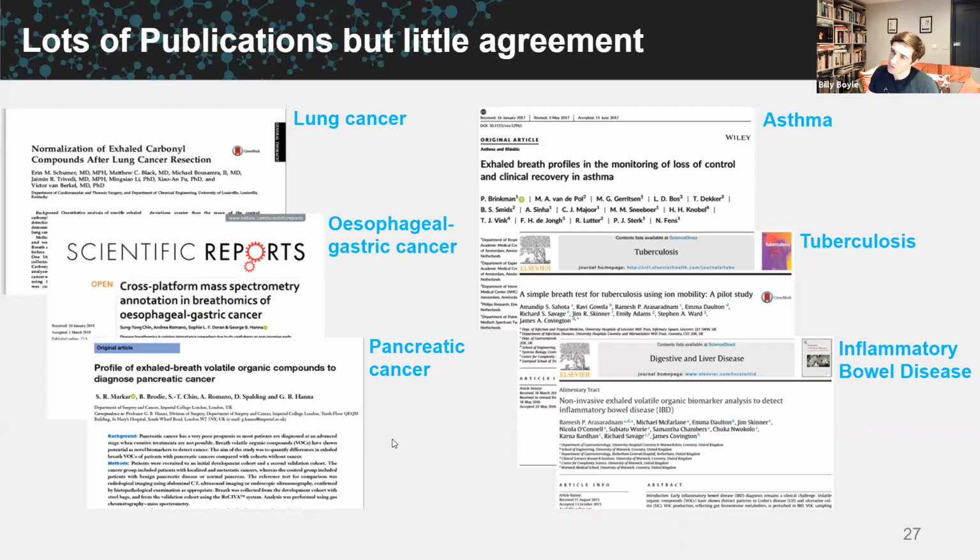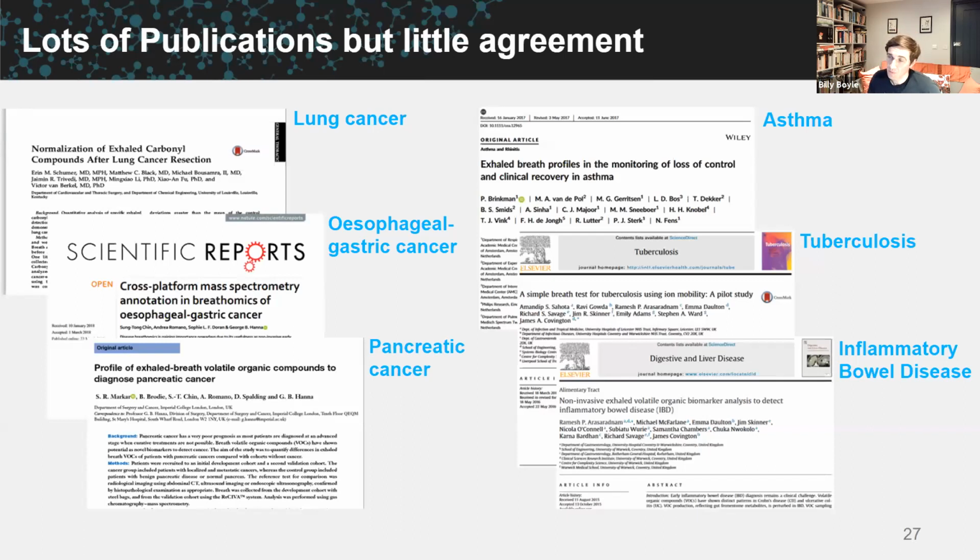And I kind of alluded already to one of the problems that we started to see and observe when we first started to get involved in the field. I think in some ways we actually thought, oh, this is going to be quite straightforward. A lot of papers have been published reporting different chemicals and things like lung cancer. We'll just take those chemicals and program it into our chip and we'll have a test.